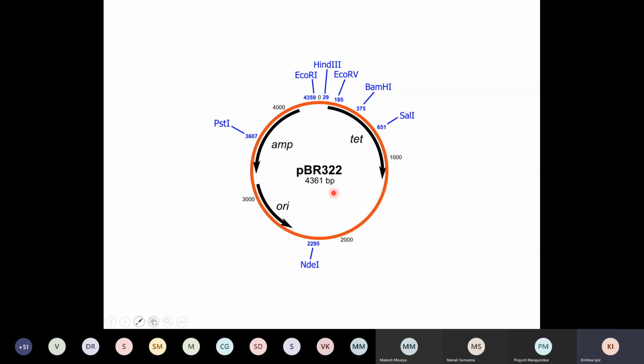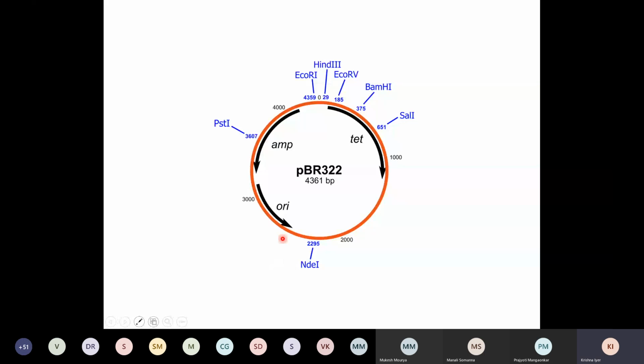So let us say I were to start from this point, and keep going clockwise all the way and come back to the same point, I would have passed 4,361 base pairs. Now this plasmid has some unique properties which make it very suitable for doing genetic engineering, and it works very well as a vector.